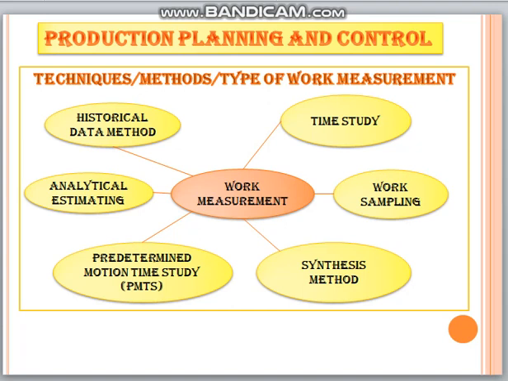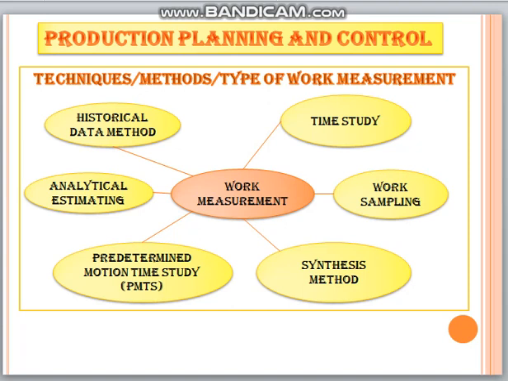The historical data method is nothing but, in our production, setting up the standards for work is very important. This standard setting is done by comparing the performance of work of previous data.